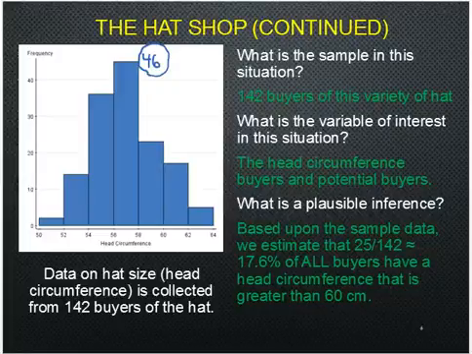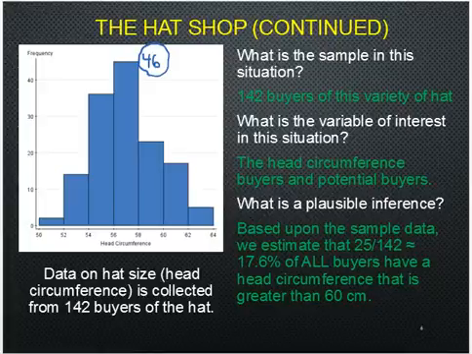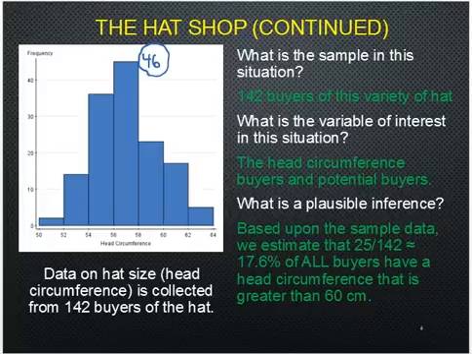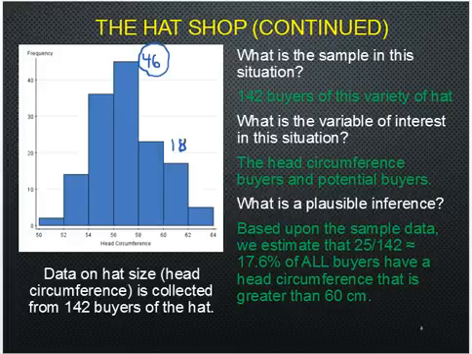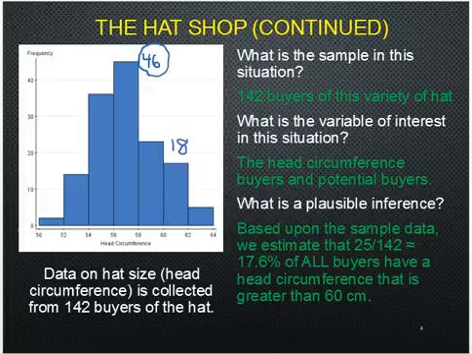Lastly, based upon this sample data, what's a plausible inference that we could reach? I looked at this histogram and estimated that there were about 18 individuals that fell in that category, and about 18 that fell there, about 7 that fell there.